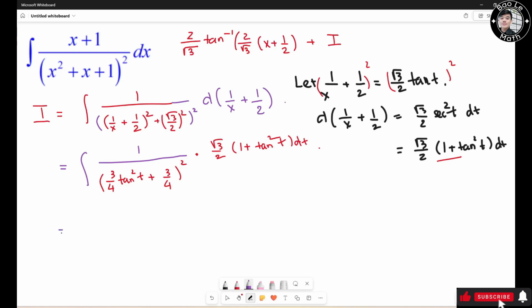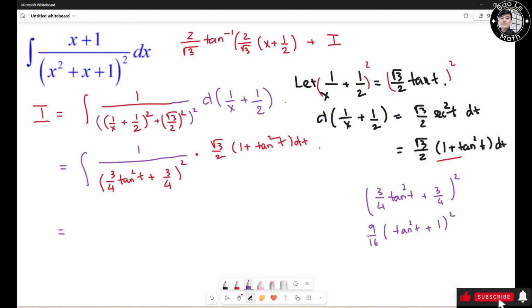Alright, so now next, the bottom one right here, I have 3 over 4 tangent square of t plus 3 over 4 altogether square. Now I factor 3 over 4 out. Because you have a square right here, you factor 9 over 16, so it turns out to be tangent square of t plus 1 altogether square, right?